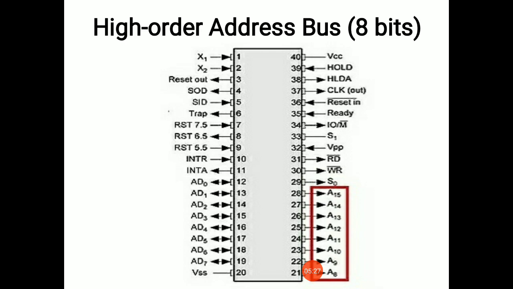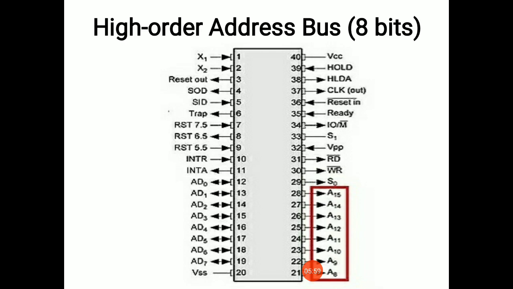Again I am repeating, the upper half of the 16-bit address appears on the address lines A8 to A15. These lines are exclusively used for the most significant 8 bits of the 16-bit address, and they are also used for 8 bits of the input-output address.